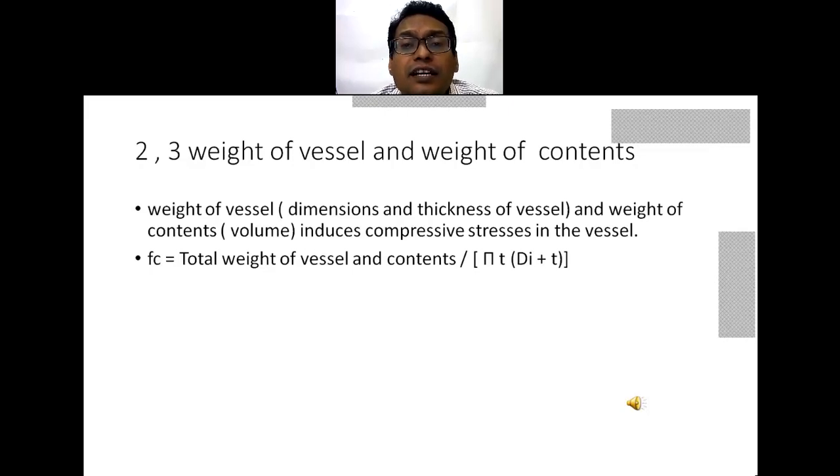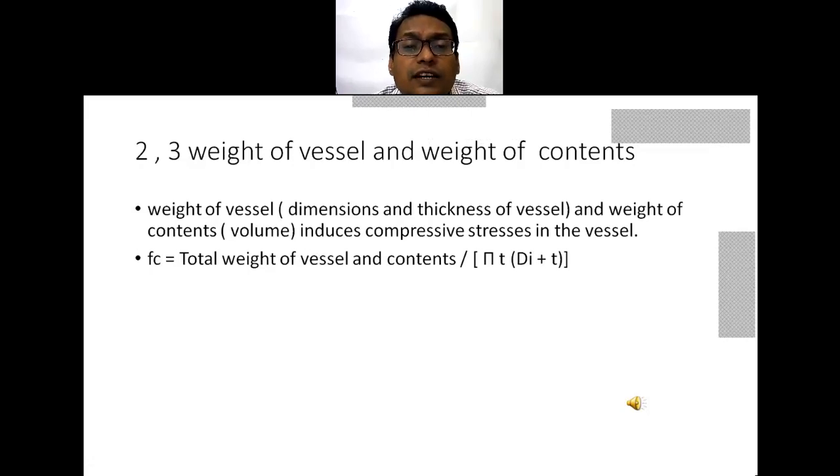And the second thing, whatever contents you are loading in that vessel, that is also to be taken into consideration. So the weight of the vessel and the weight of the contents give you the total weight.